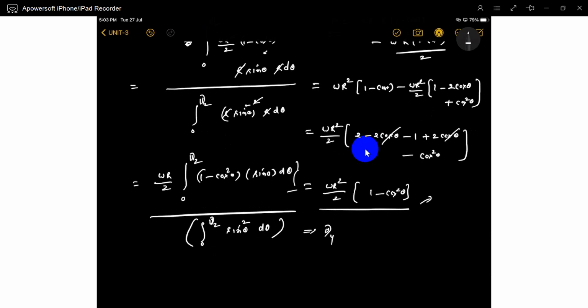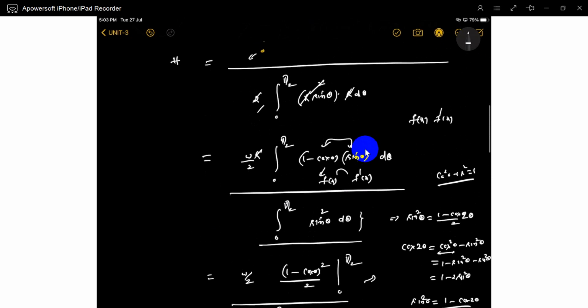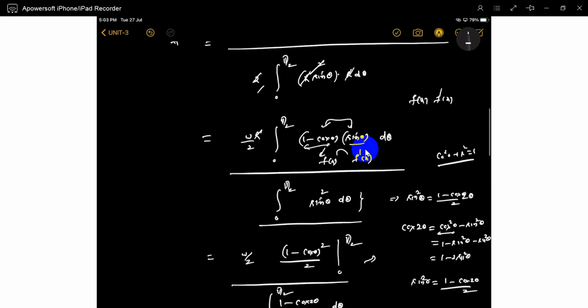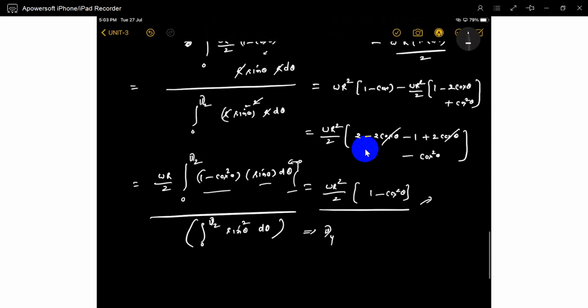What is this value? How can you find out this value? See, in the previous problem we solved sin theta 1 minus cos theta. Now we have to solve sin theta 1 minus cos square theta. Can you solve it?